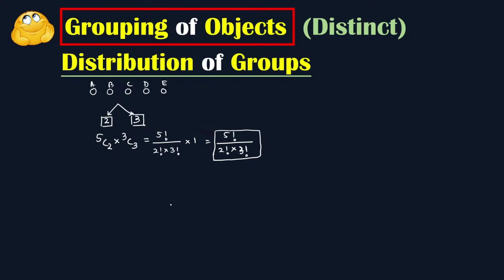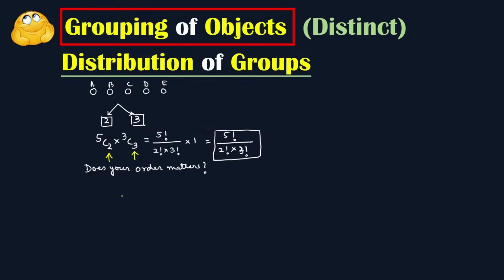Now, my question is, in this problem, does the order matter? That is, in forming the group, does the order matter? In this case, first I have selected 2 objects, then I have selected 3 objects, right?